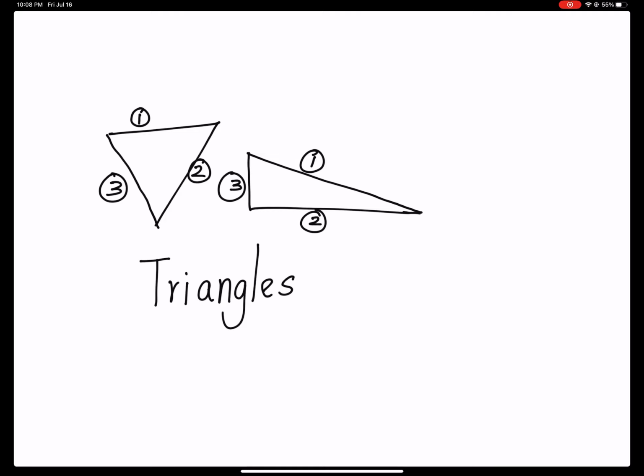All triangles must have 3 sides and 3 angles. By changing the size of the angles and the length of the sides, I can make all kinds of different triangles. This one is long and skinny.